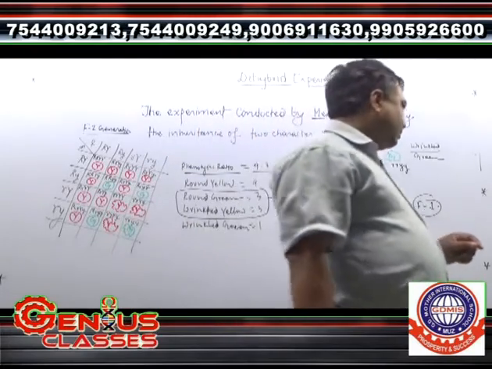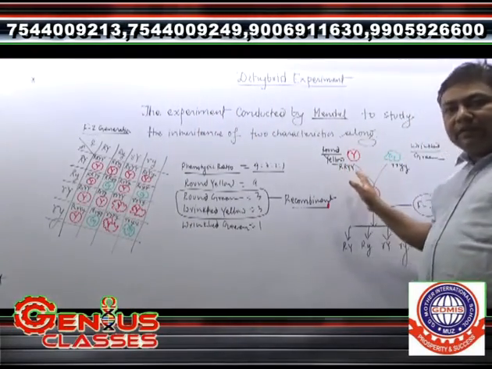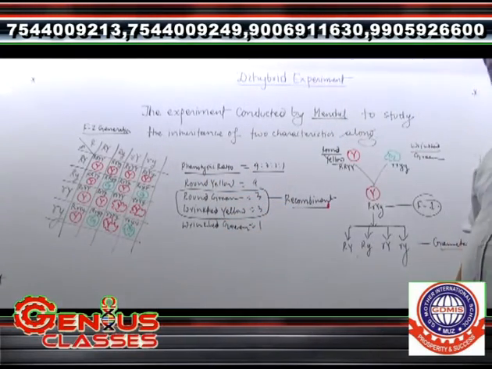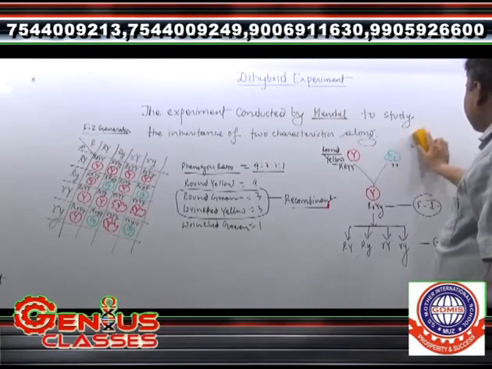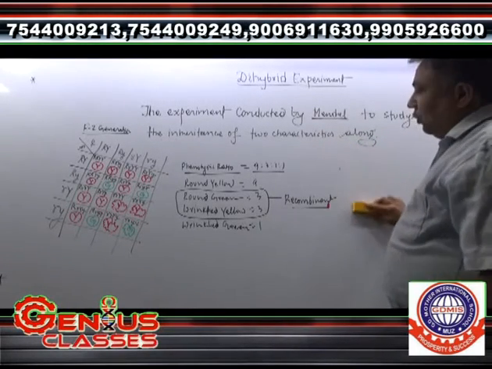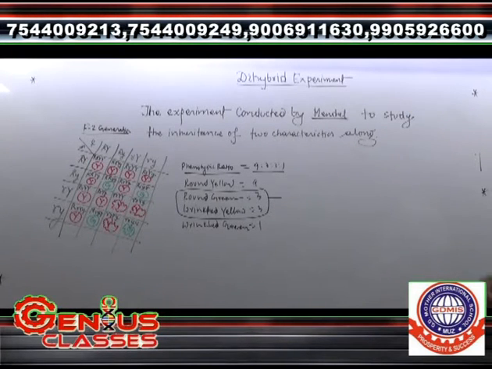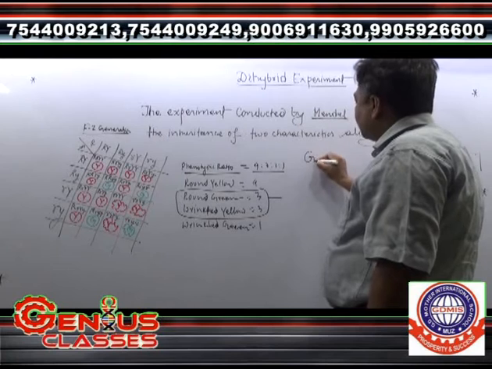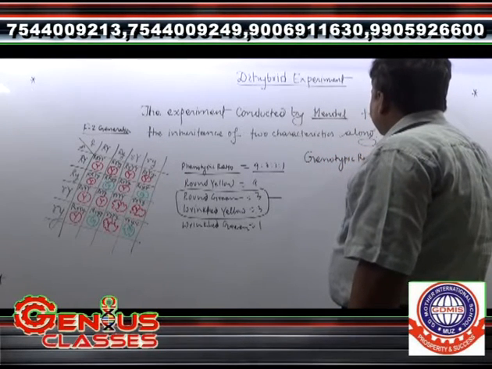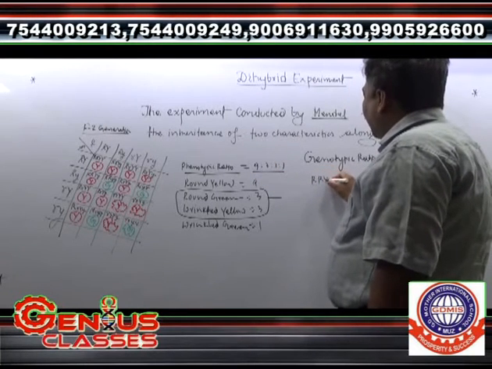So this part is clear. We will rub it to focus upon the F2 generation. Genotypic ratio. Genotypic ratio is equal to R capital, Y capital, Y capital.